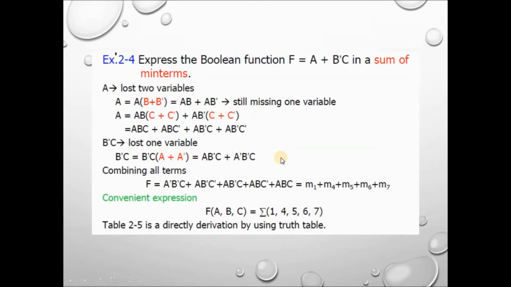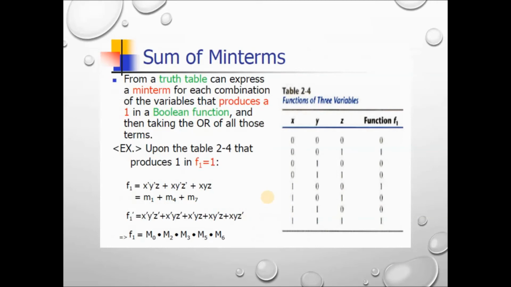Sum of max terms is also there. Express the Boolean function A plus B bar C. In sum of min terms, all inputs should be there. Here, x bar, y bar, z, that means three inputs x, y, z are there.